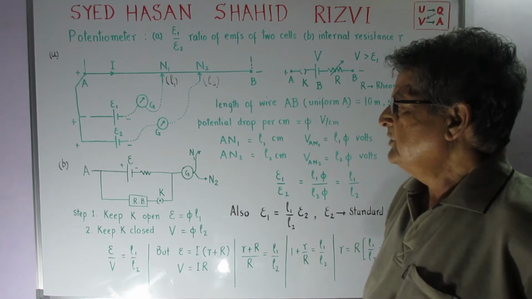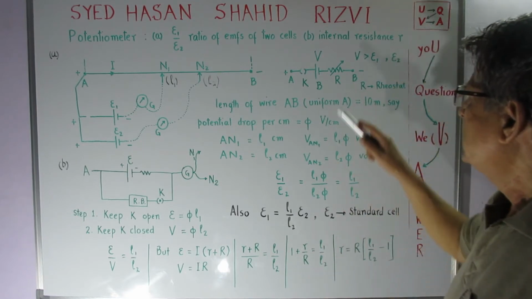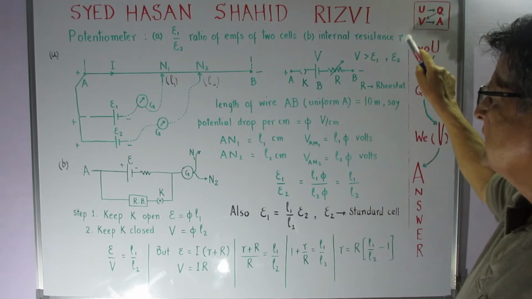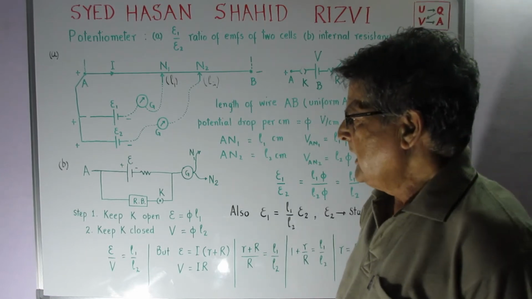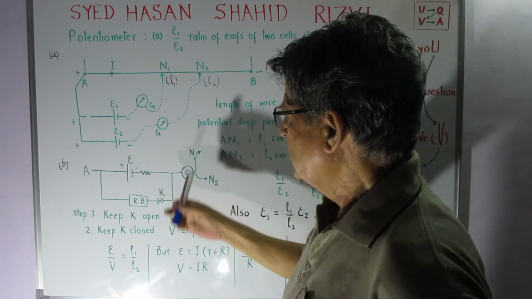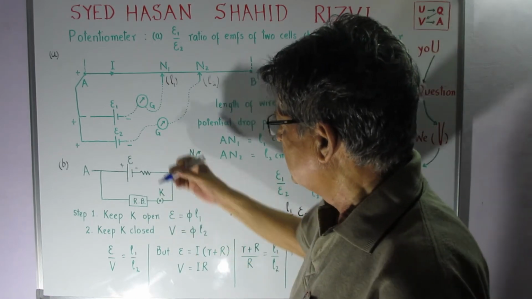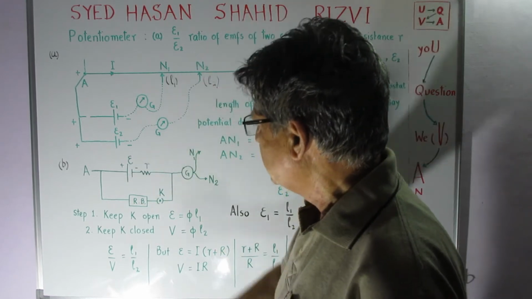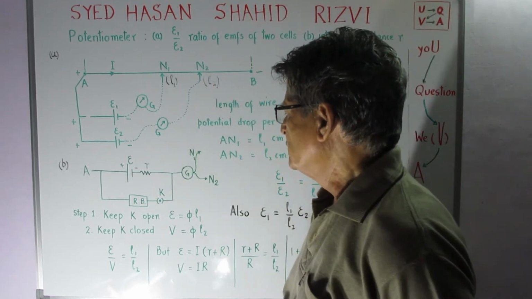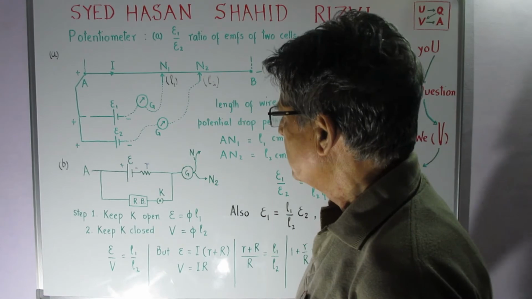Now I have the second part where we determine the internal resistance of a cell. So I have this cell E with the internal resistance r in series with it. It's of course very small, and we are supposed to determine that. Okay.